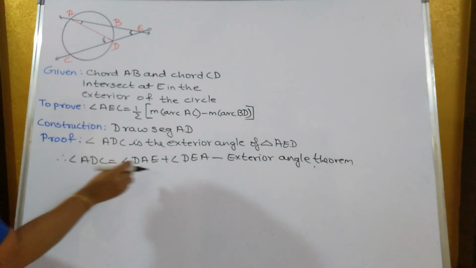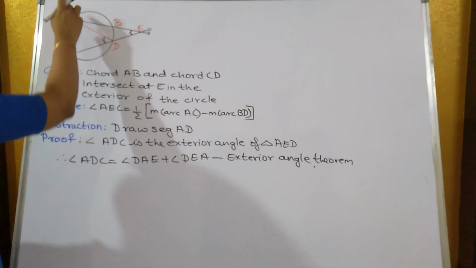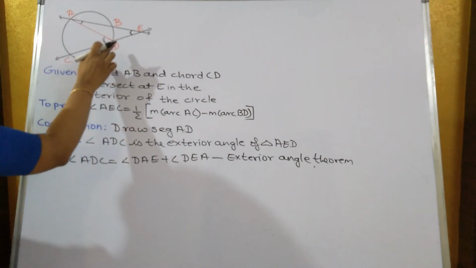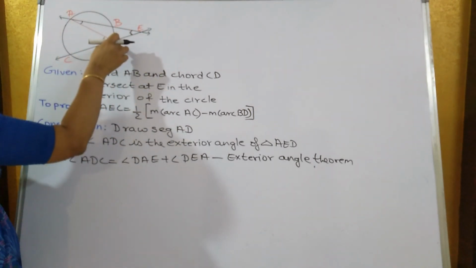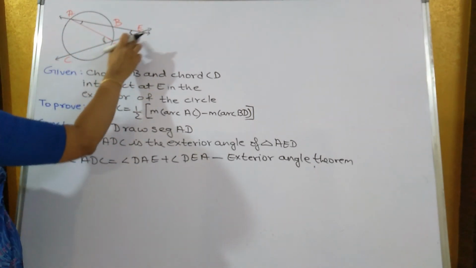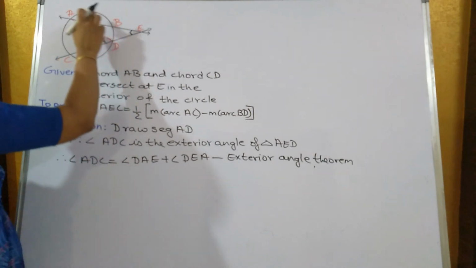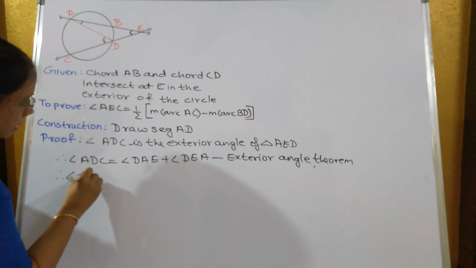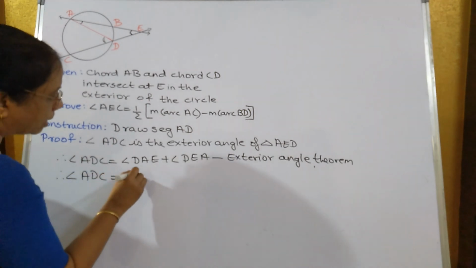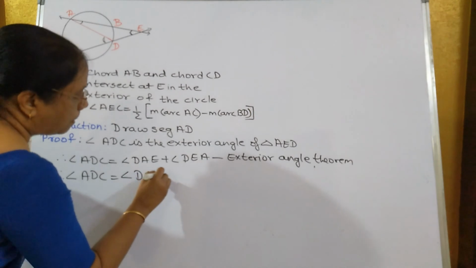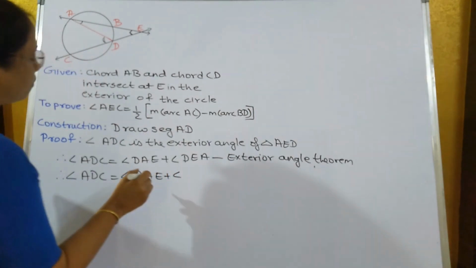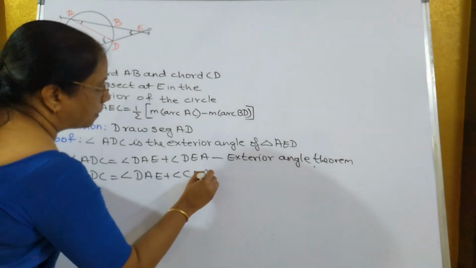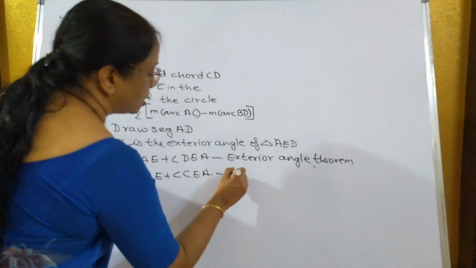Now instead of DEA, I'll extend this and write it from C, because these three are collinear points. So CEA. Therefore angle ADC is equal to angle DAE plus angle CEA. Reason: C-D-E are collinear.